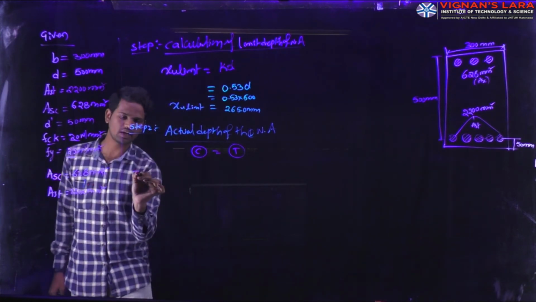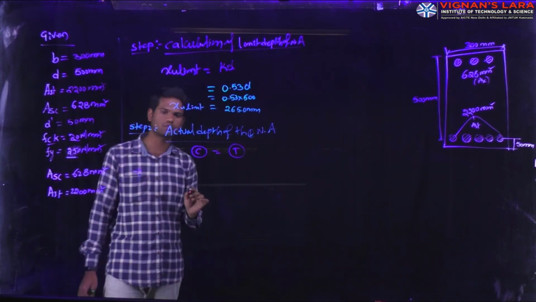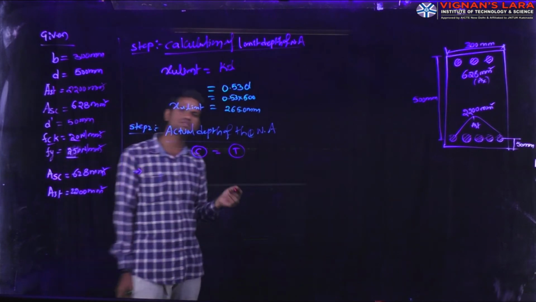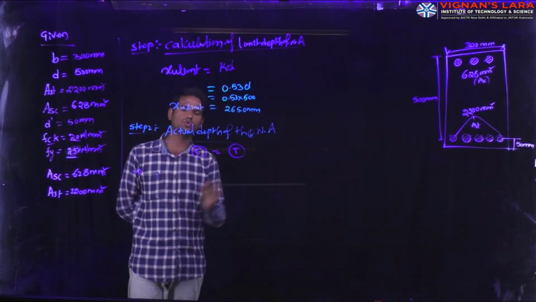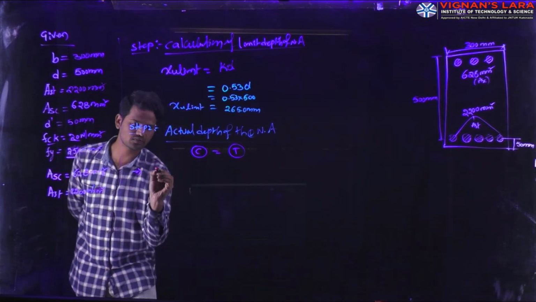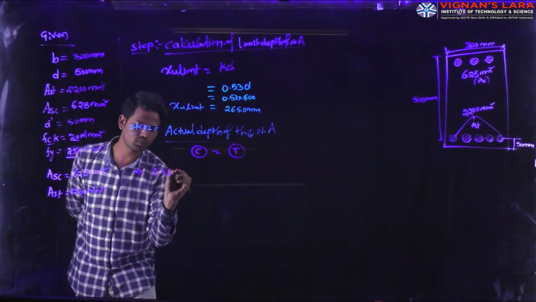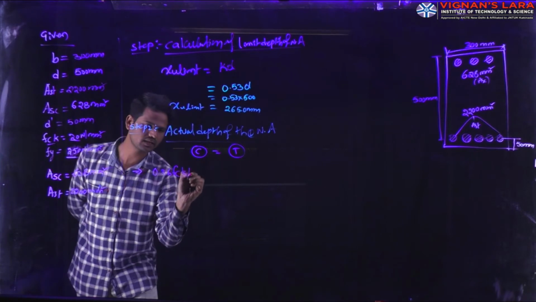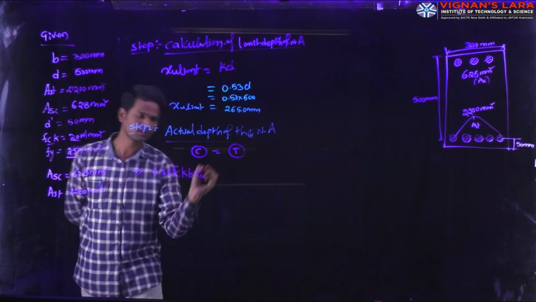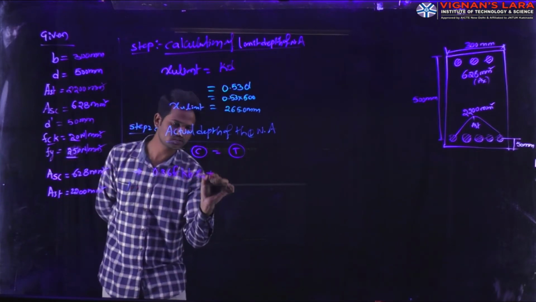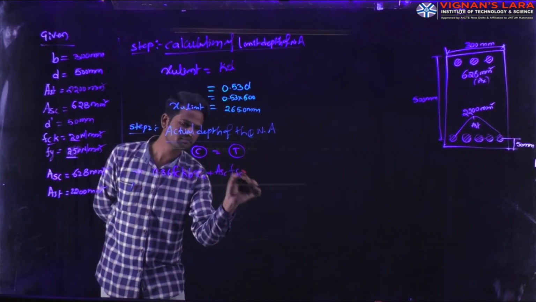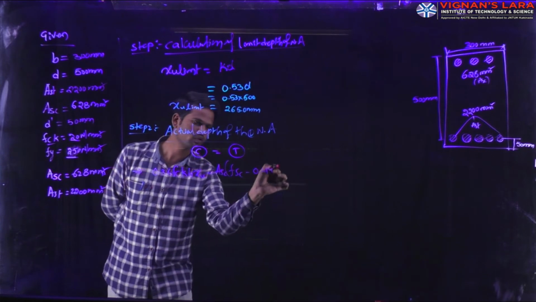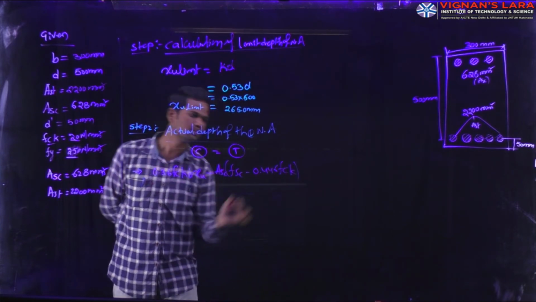Already for a doubly reinforced beam we know the total compressive force formula, that is nothing but force into lever arm. The total compressive force is equal to 0.36 into FCK into B into XU plus ASC into FSC minus 0.446 into FCK.